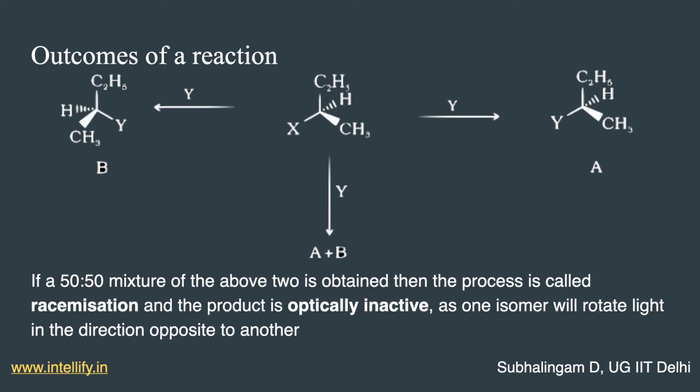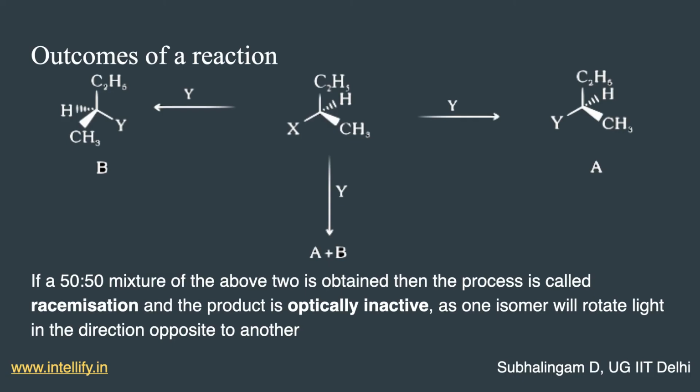Why? A and B are enantiomers. And if I get equimolar concentration of A and B, then it's called a racemic mixture, and hence the process is called racemization. That's what is given over here. And in such a case, the product A plus B is optically inactive. Why? We have seen that before: one isomer will rotate the light to the left, and the other will rotate it to the right.